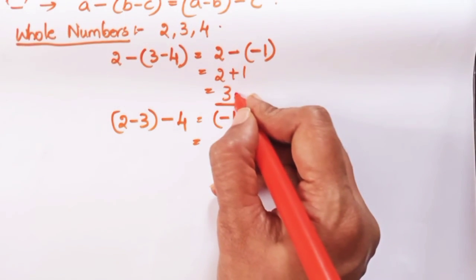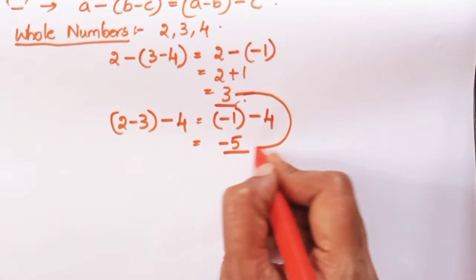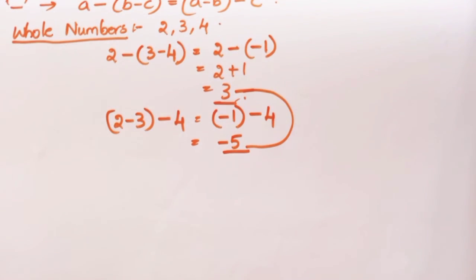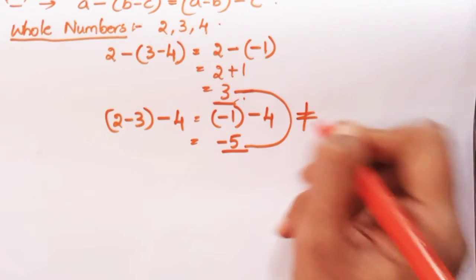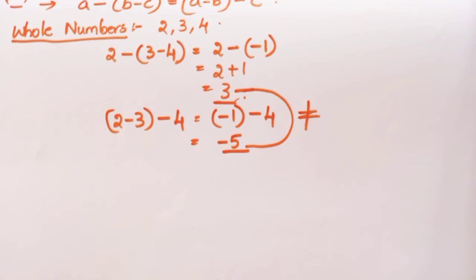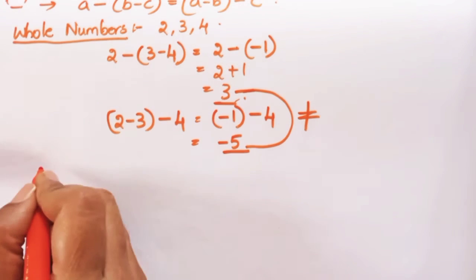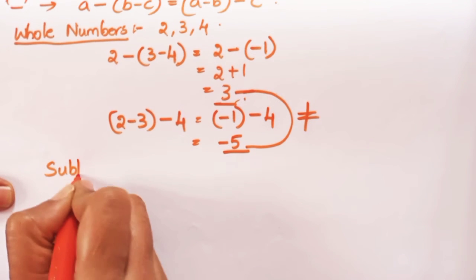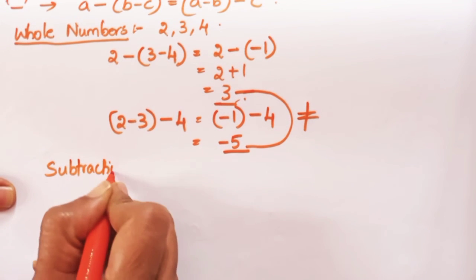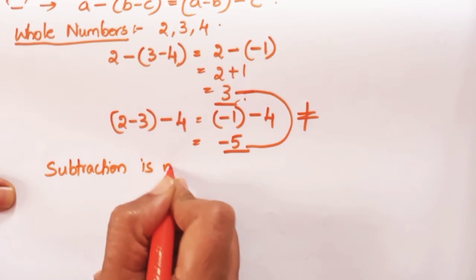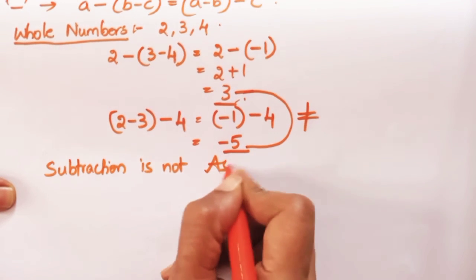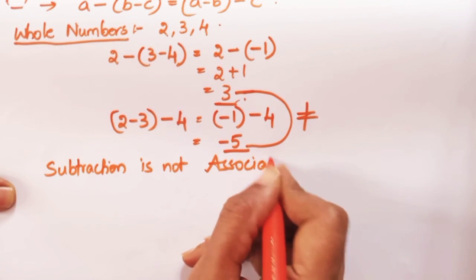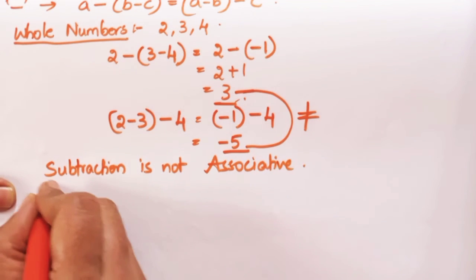Are they equal? Compare this to this. No, they are not at all equal. This is 3 and this is minus 5. What can we say? We can say that subtraction is not associative.